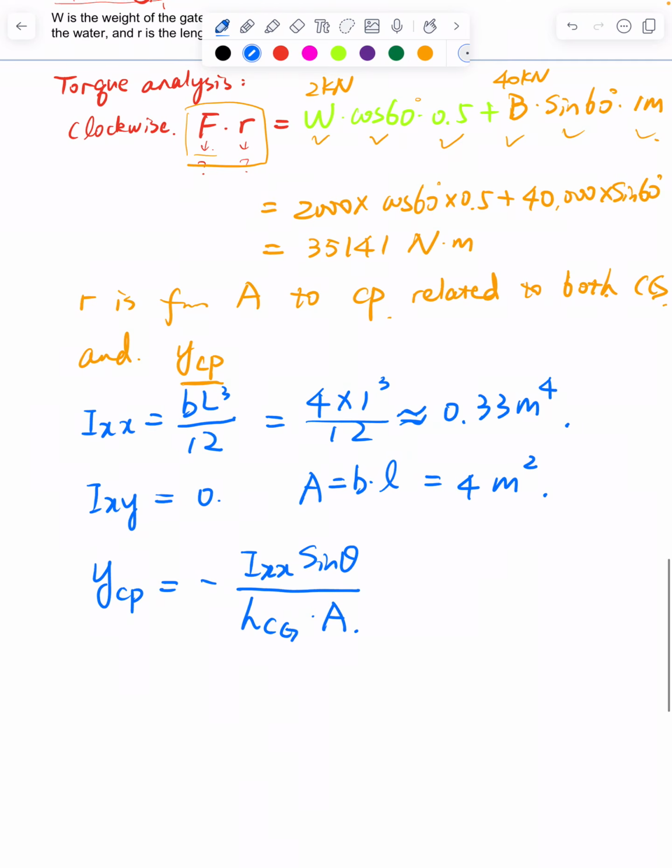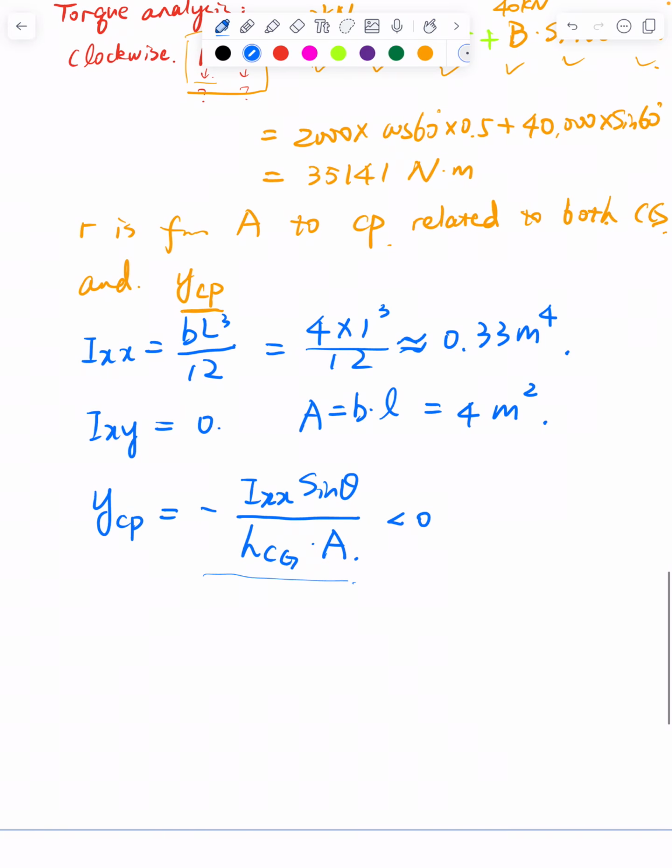And we have repeatedly let you know that YCP should be smaller than 0. The reason we repeat it is that YCP should be below the centroid, because the pressure of the hydrostatic force increases with increasing depth, causing the center of pressure to be below the centroid of your object.